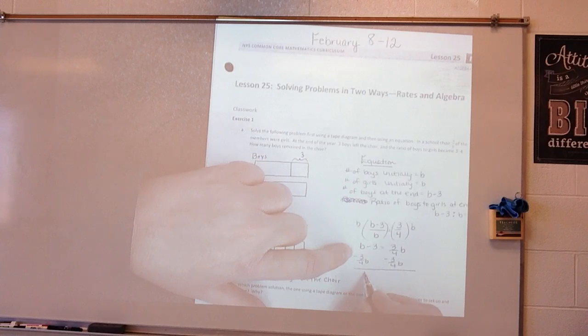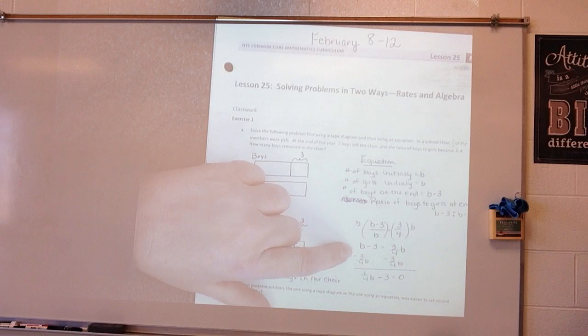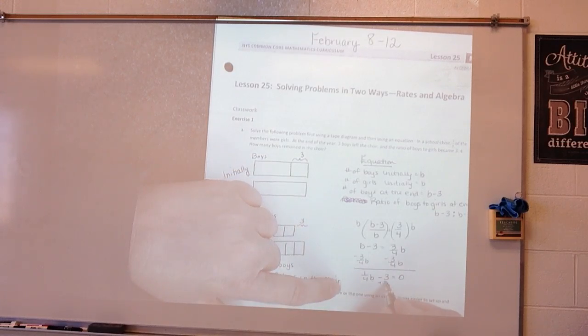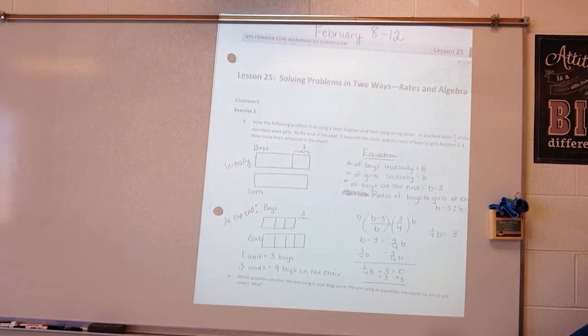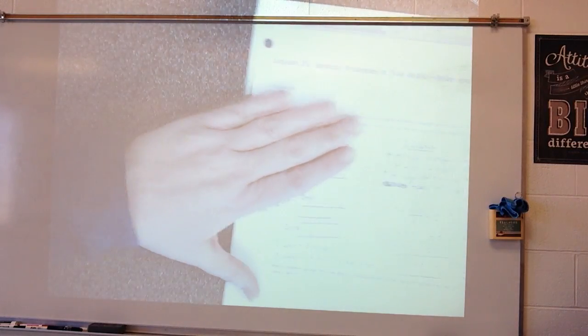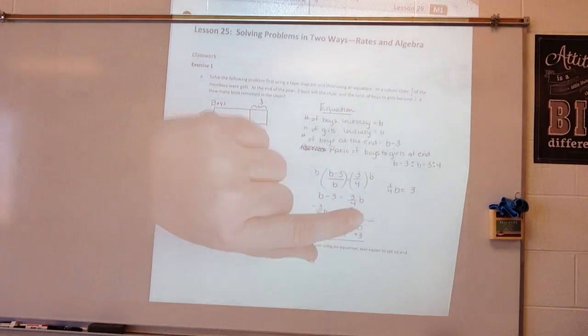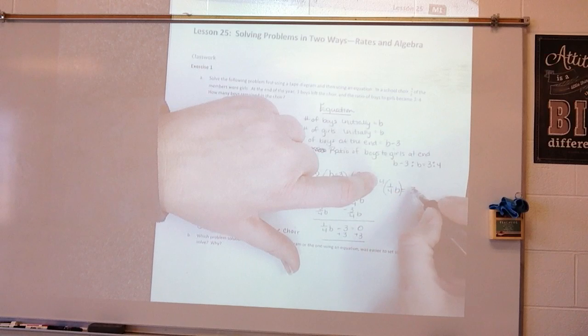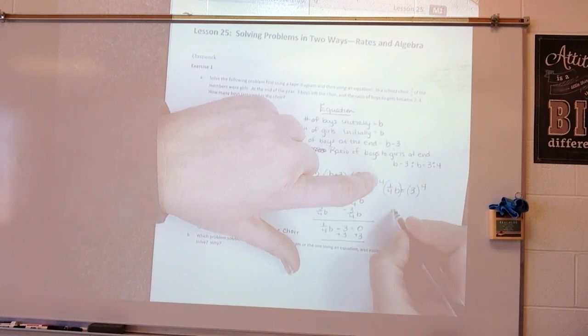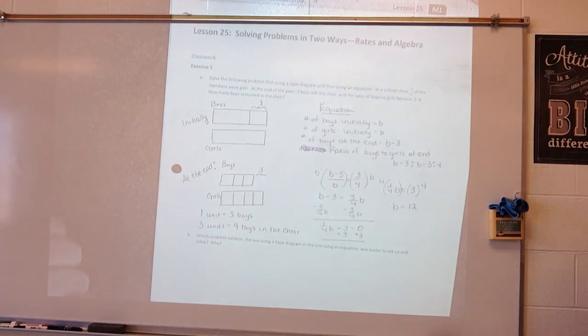So I get 1/4 B minus 3 is equal to 0. Add my 3 to both sides, and I get 1/4 B is equal to 3. Now, best way to do this, instead of trying to divide by fractions, is to multiply by 4. So I get B is equal to 12.